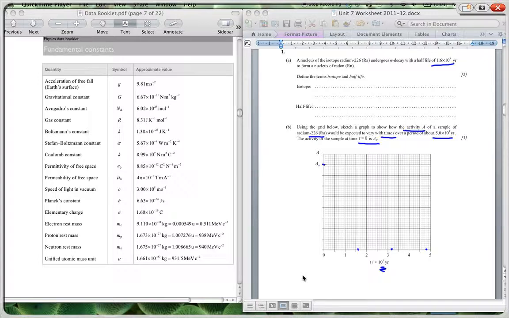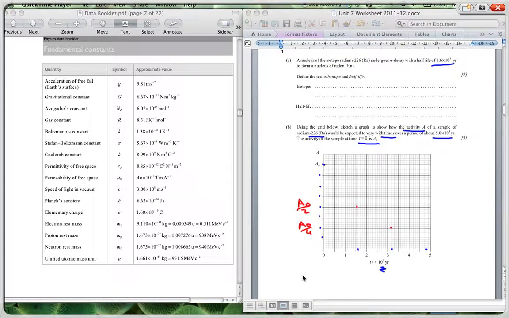Now we've got to make sure that this is our half-life, the amount. So we've got 1, 2, 3, 4, 5, 6, 7, 8. So our first half-life will be at 4. 2, 3, 4. So we would be over there. Then that would be A0 over 2. And then the next one over here would be A0 over 4.